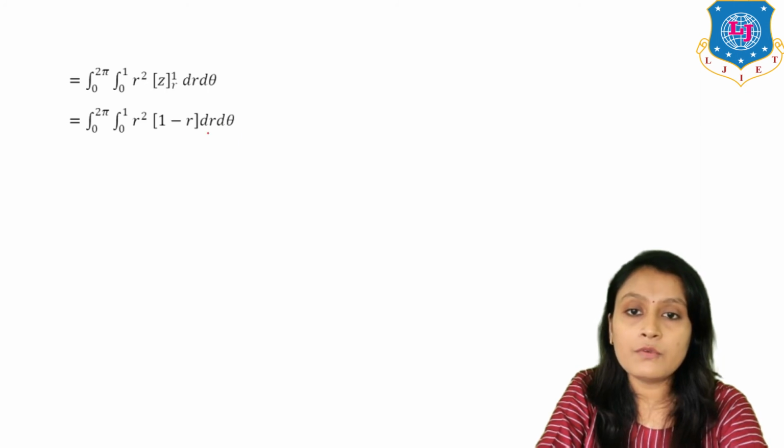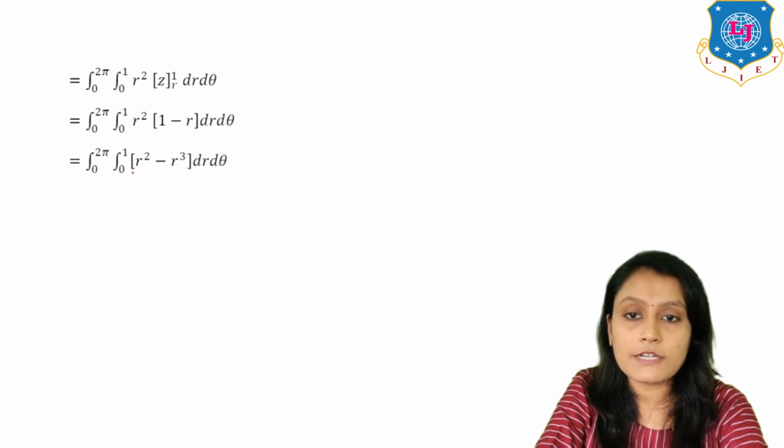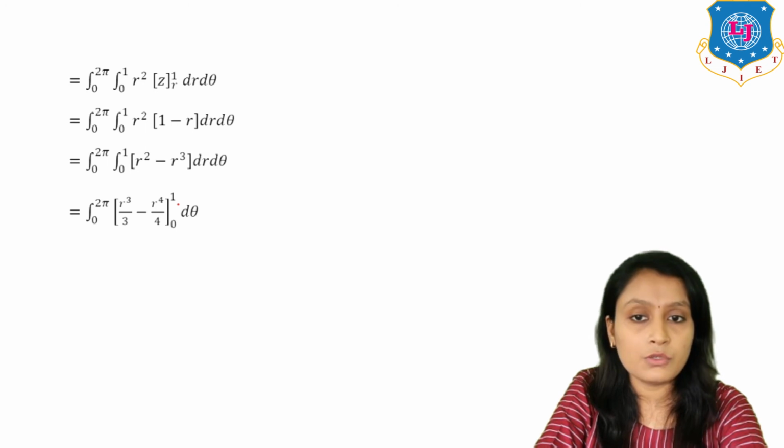Okay, now we have to integrate with respect to r, and we have to keep theta as a constant. So what you will get? Double integration 0 to 2 pi, 0 to 1. Firstly we'll just multiply r square inside, so you will get r square minus r cube dr d theta. Okay, now integrate it. So what you will get? Integration 0 to 2 pi. From here you will get r cube upon 3 minus r raised to 4 upon 4, and the limits are 0 to 1.